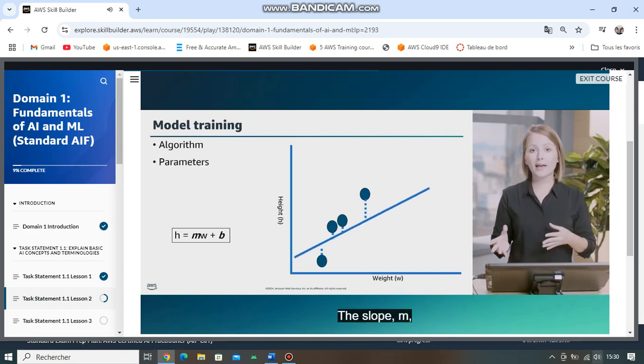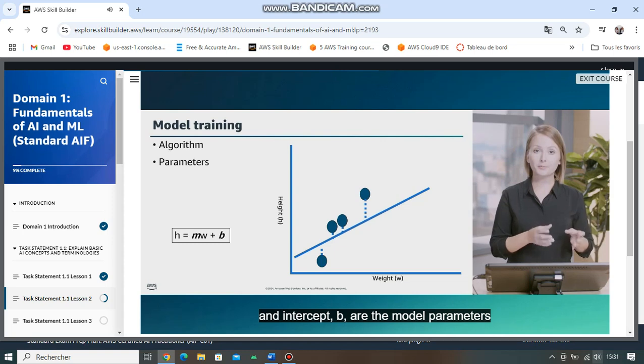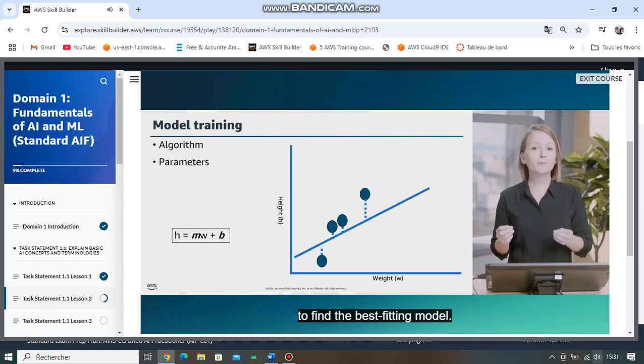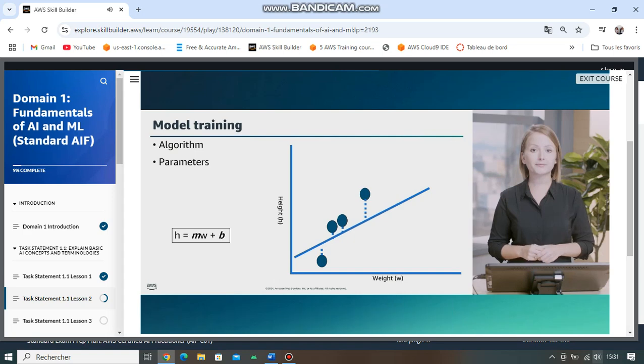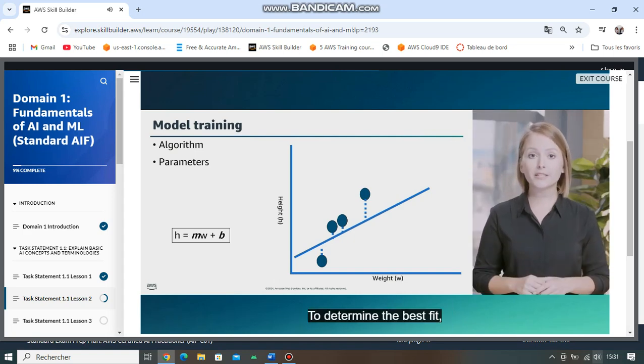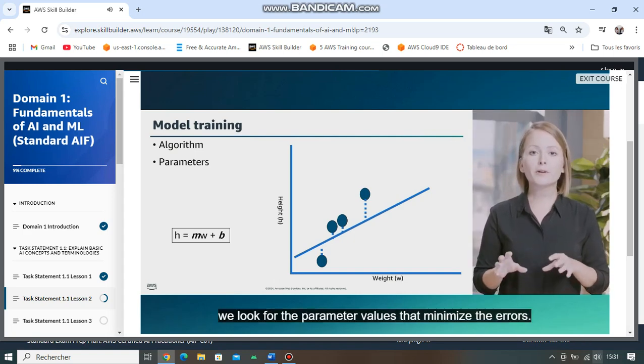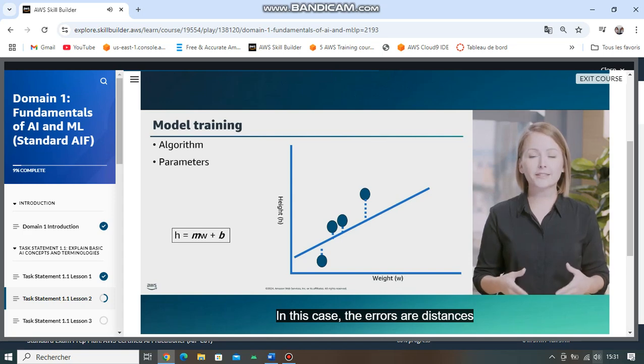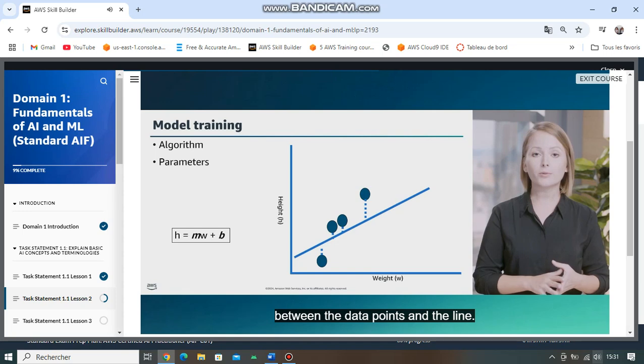The slope m and intercept b are the model parameters that are adjusted iteratively during the training process to find the best fitting model. To determine the best fit, we look for the parameter values that minimize the errors. In this case, the errors are distances between the data points and the line.